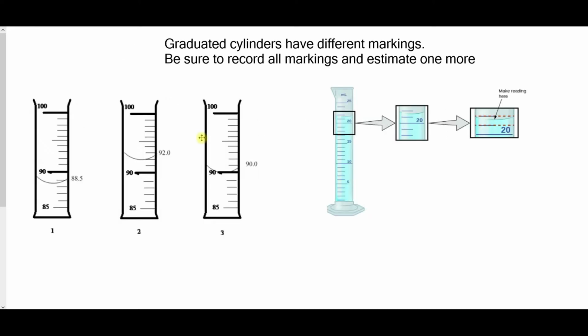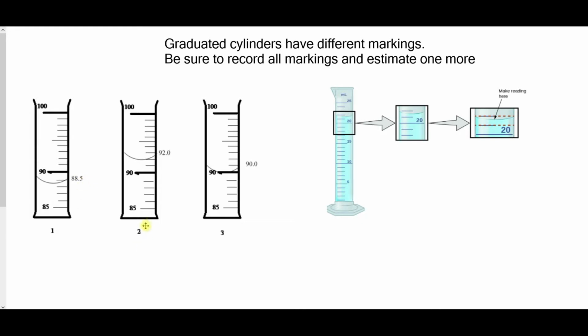Graduated cylinders have different markings, so make sure you're looking at what you have and just don't assume. So if we look at this graduated cylinder, in the tens place we have 80, and then we go up by 1, so we know we're at 88, and here it is halfway between, so in the tenths place we have the 5.